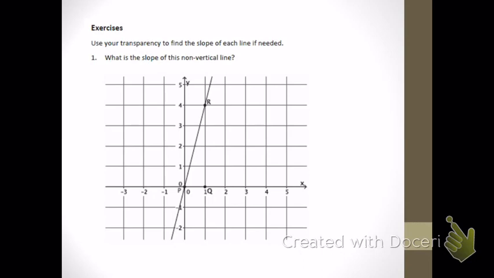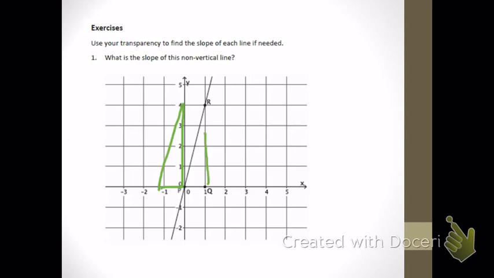Okay, so for this first one, we have this slope triangle right here. And when we translate that over to the y-axis, like we talked about, we can read the slope off as exactly 4. Now you don't have to move it over, because you could have seen the height here.